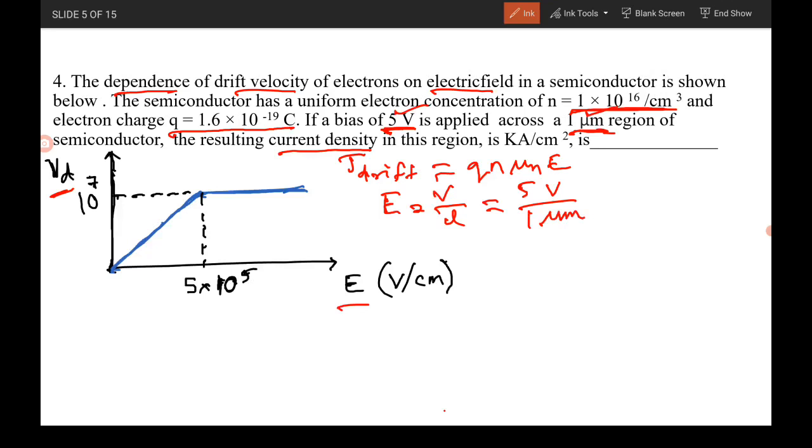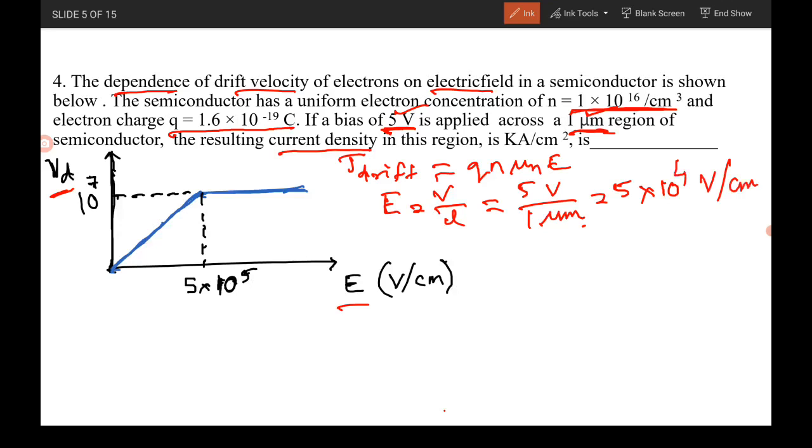We are dealing with centimeter, so we have to convert it into centimeter, which gives 10 to the power minus 4 centimeter. Taking it to the numerator, we get 5 times 10 to the power 4 volts per centimeter.